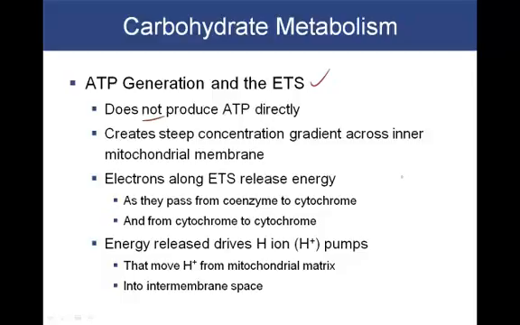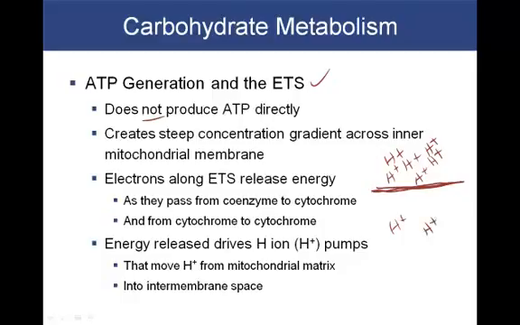And this is a situation, again, where you have the inner membrane and hydrogen ions are being pumped into the intermembrane space, creating a concentration gradient. A lot of hydrogen ions on one side, very few on the other.